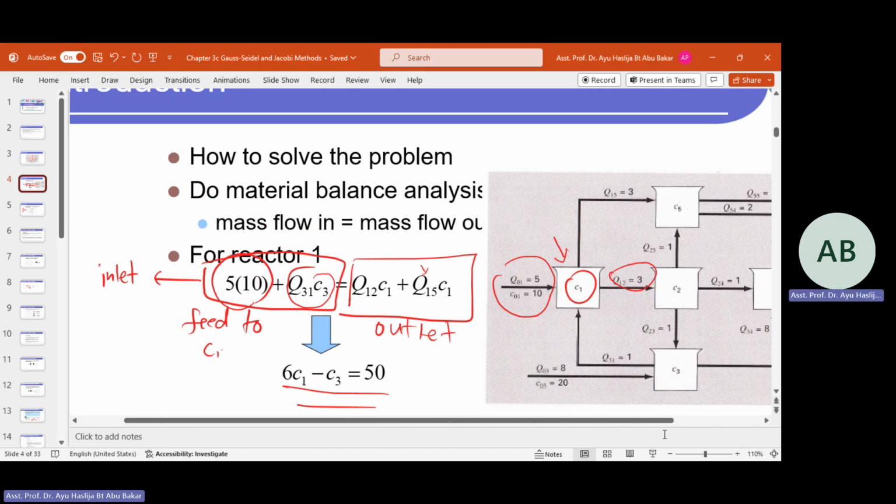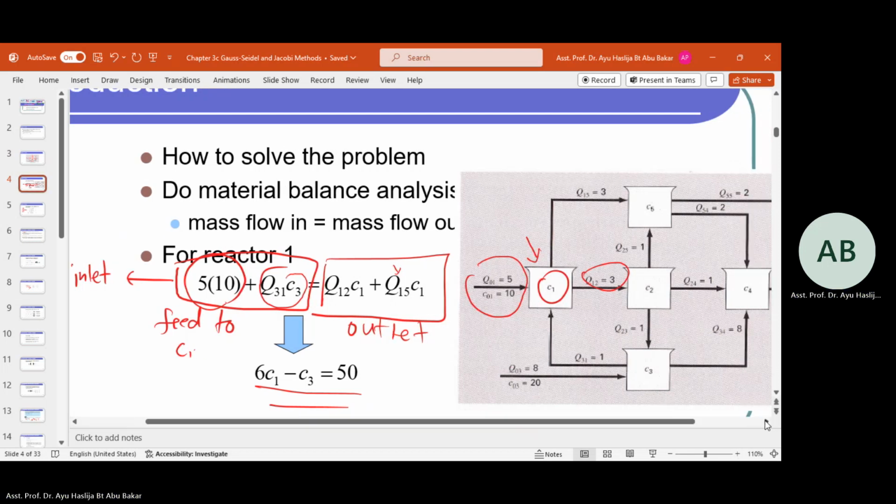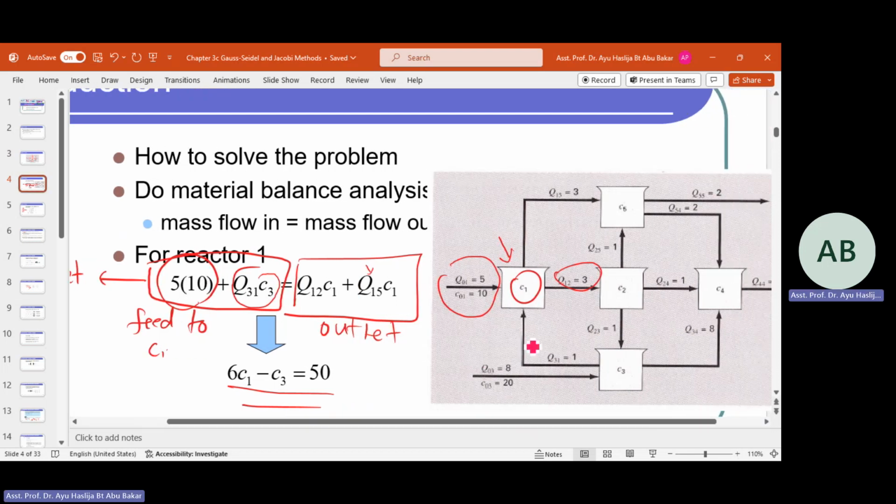This is from the previous explanation when I introduced the numerical method, where you solve it by doing material balance analysis: mass flow in, mass flow out. The inlet equals the outlet. We will have unknowns which involve C3.